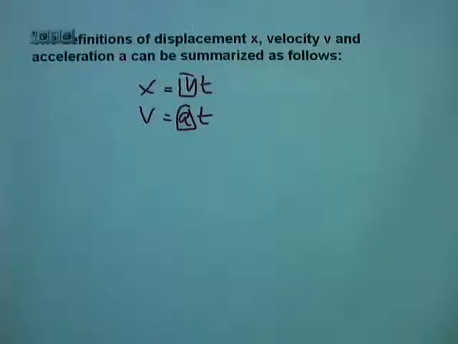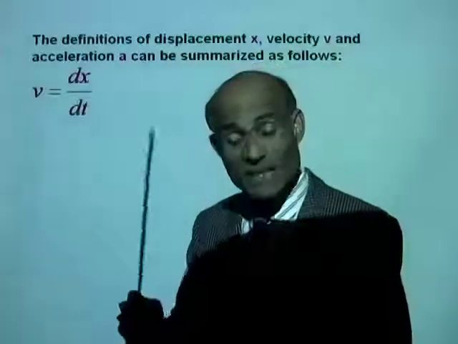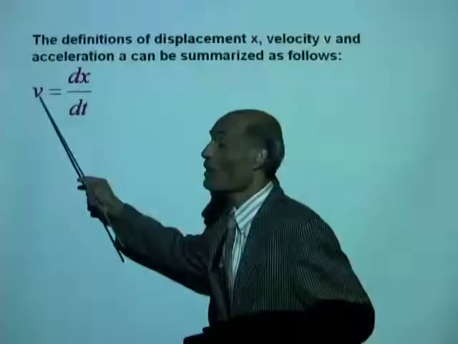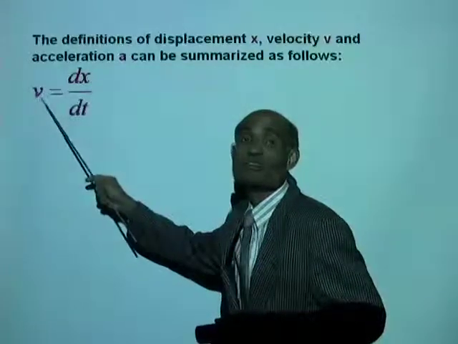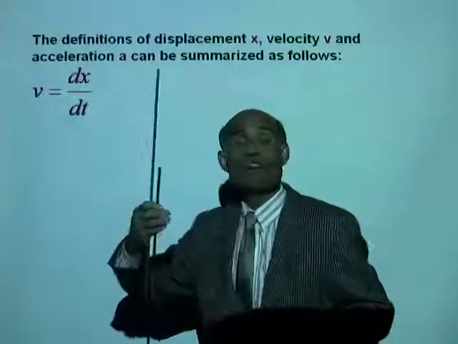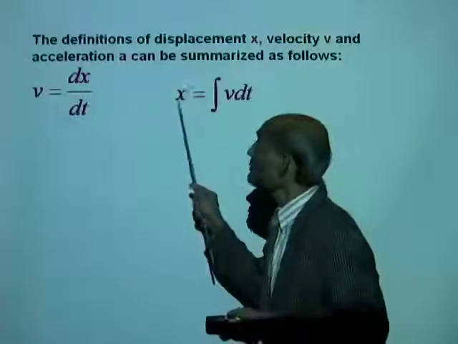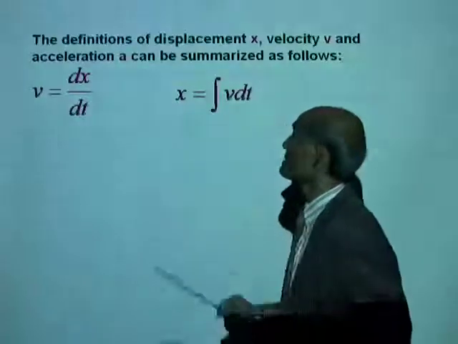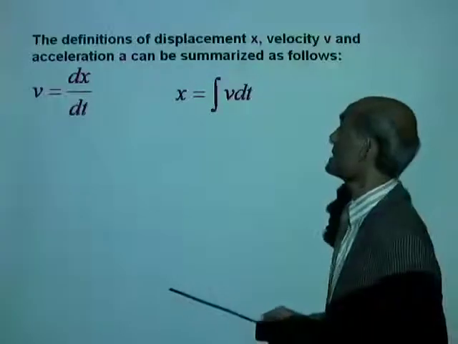But these are very simple relations. All right. We can now use calculus to represent these relations. You know, velocity is the derivative of the position function, v equal to dx over dt, where x is a function of time, x is the position function. And x therefore can be obtained by integrating the velocity function, x equal to integral v dt.